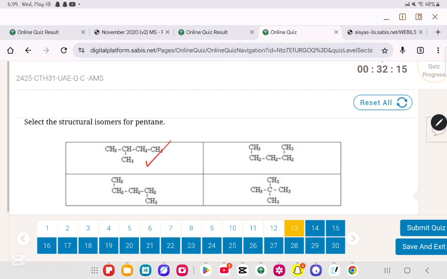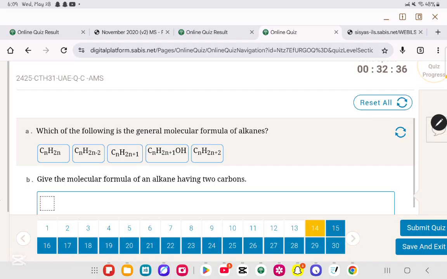This has 5 carbons, but the branching is on the terminals, so it's not an isomer. This has 5 carbons, but its branching is on the terminals, so it's not an isomer. This has 5 carbons, and its branching is not on the terminals, it's in the middle, so definitely this is an isomer. So this and this are isomers.